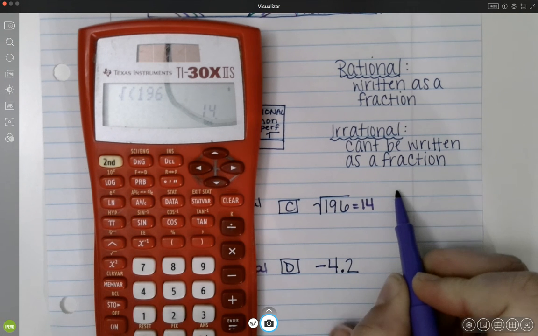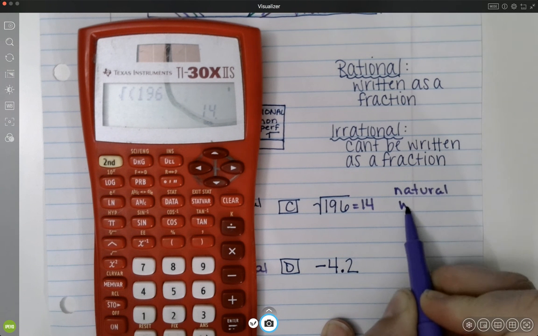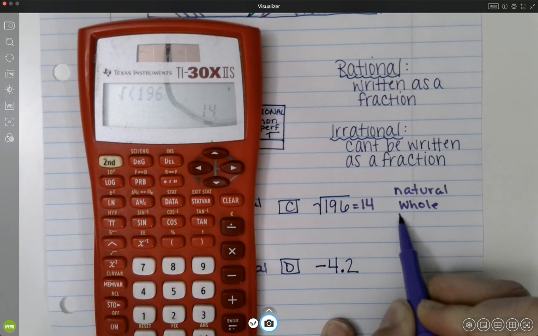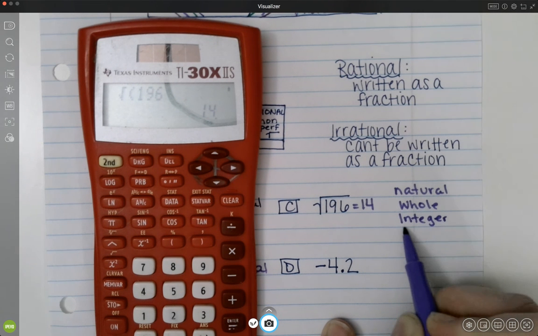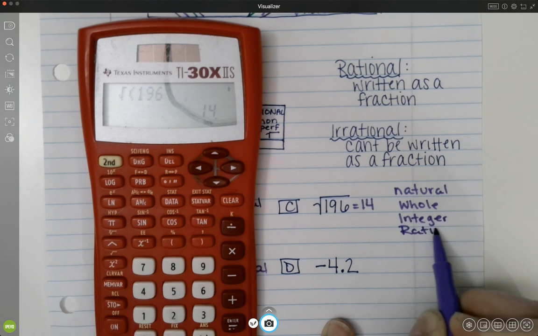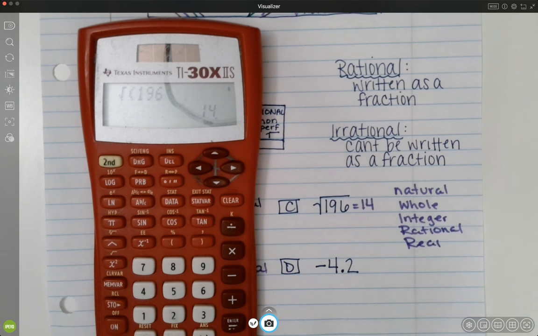That means this is natural, whole, integer, rational, and real. So when I have a positive number or a perfect square, I am all 5 categories.